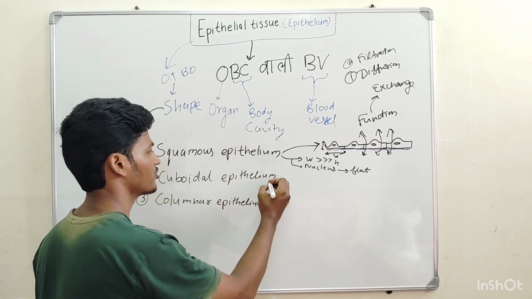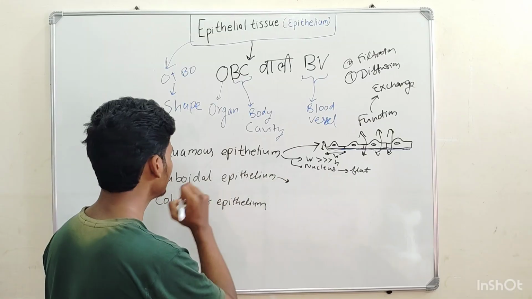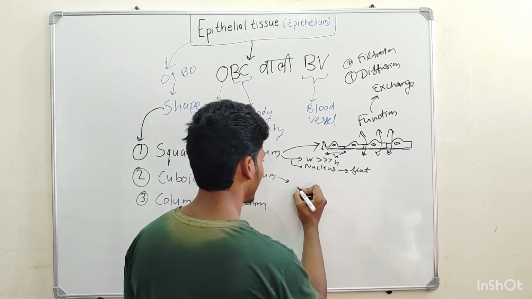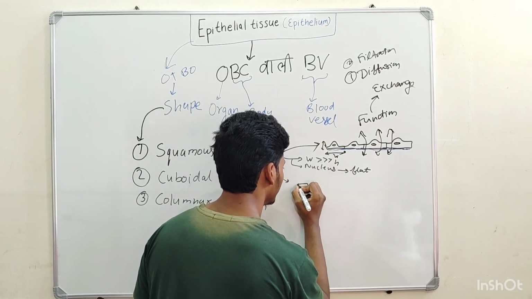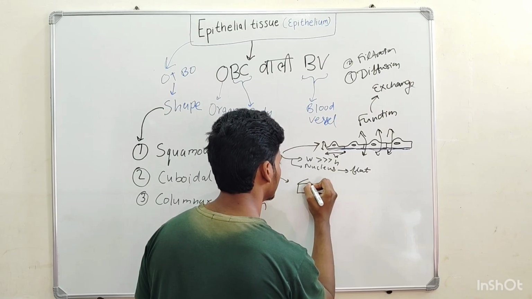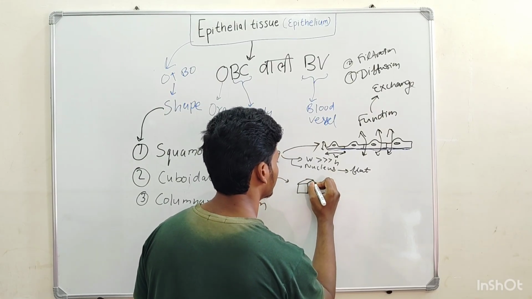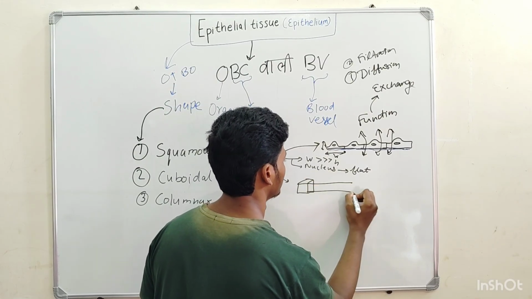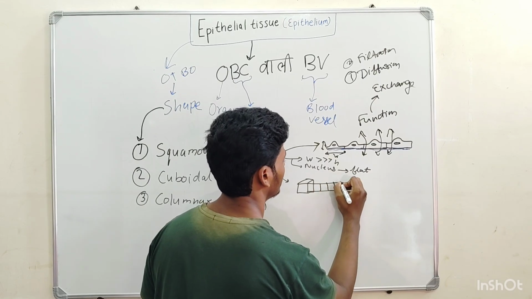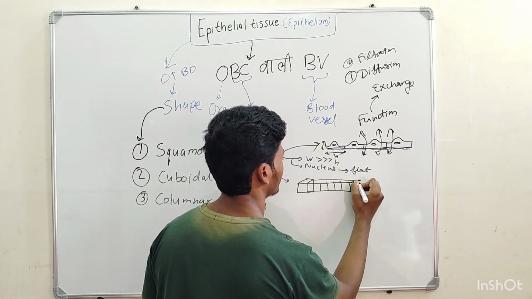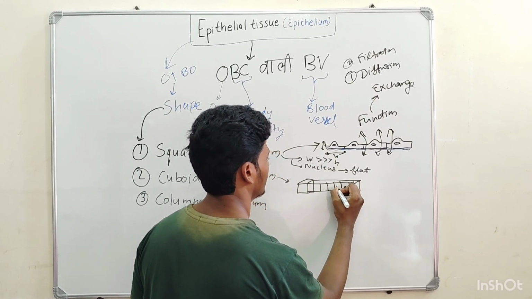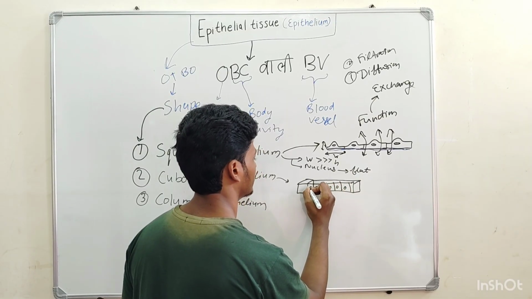Second one is cuboidal epithelium. The name suggests the word cube, it's like a cube, and this is present in a continuous manner, and this is the nucleus.